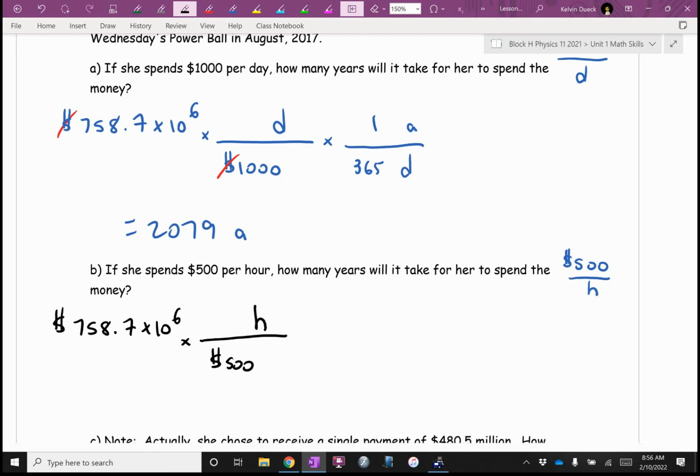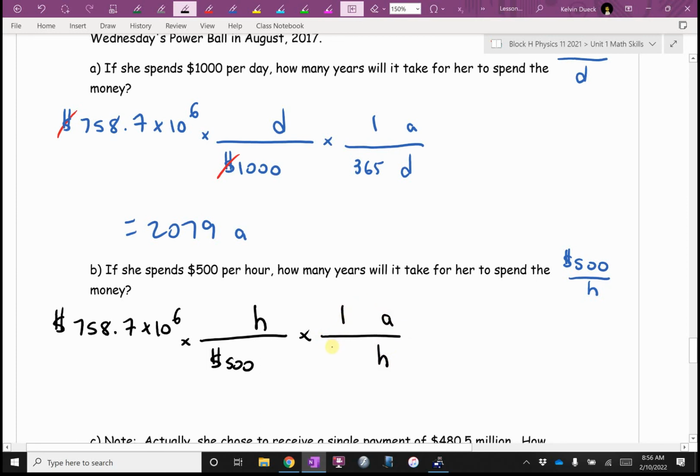What do I want to convert hours to? Years. Declan is turning back and going, wait a minute, I seem to recall we've done hours to years or years to hours before. Declan, thank you for paying attention. I think I can get rid of hours and put years there.